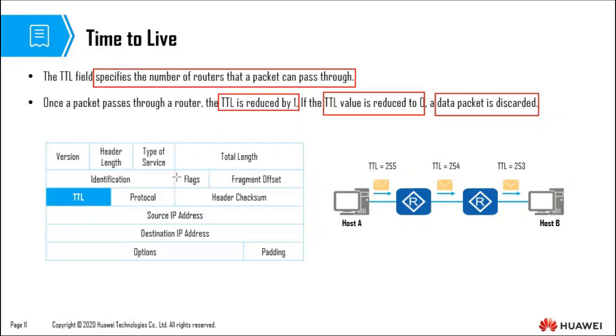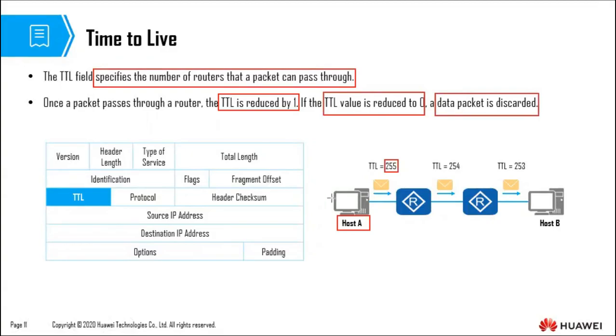Now, you might ask, this value that is reduced by 1, where does it come from? The answer is at the host. As the host creates the packet, it's going to include a particular TTL value. Different protocols might have different values for the TTL.